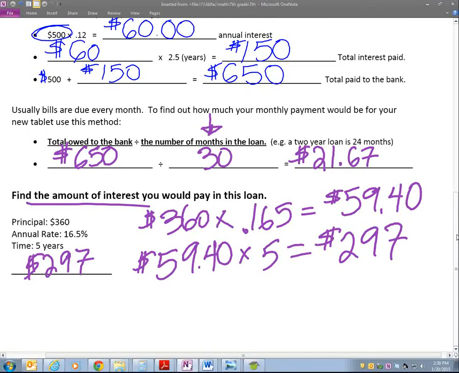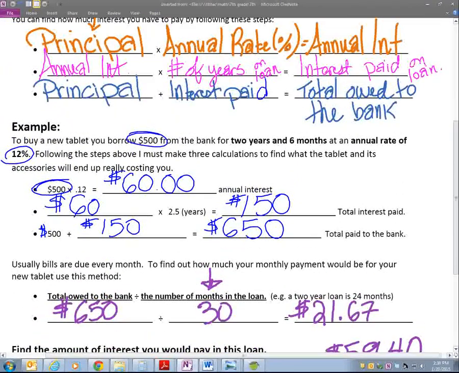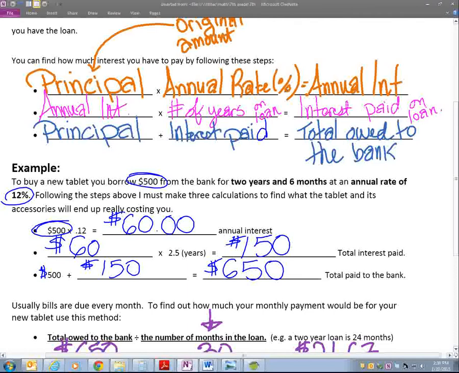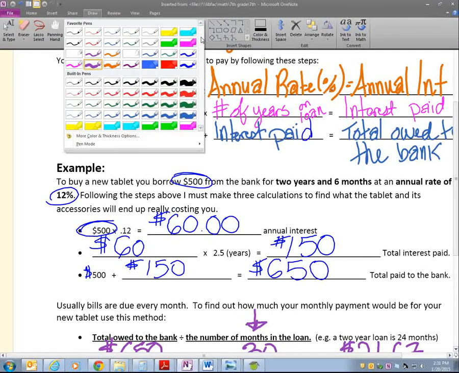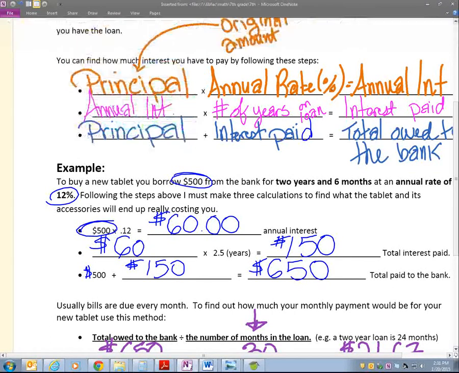So, for the homework, I want you to write this down so you can be focused a little bit on what the question is asking you. For the homework, and I know I haven't given it to you yet, for numbers 1 through 6, you're going to be doing this one.